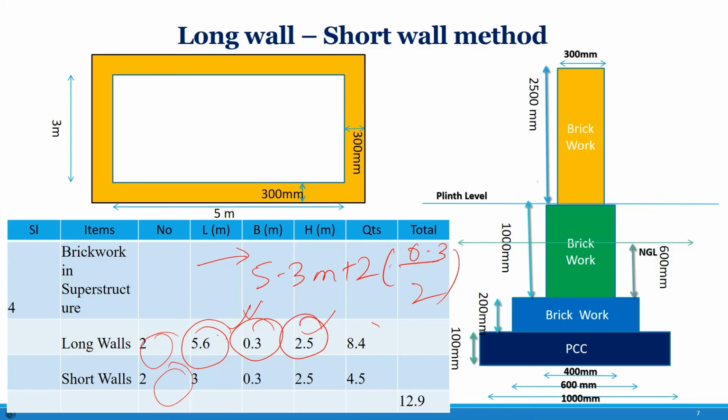All multiplied, this gives 8.4. For the short wall you have 3.3 meter minus 0.3, that is 3 meters, the width is 0.3 meter, the height is 2.5, and the total quantity is coming to 4.5. If you combine both, the quantity is 12.9 cubic meter.